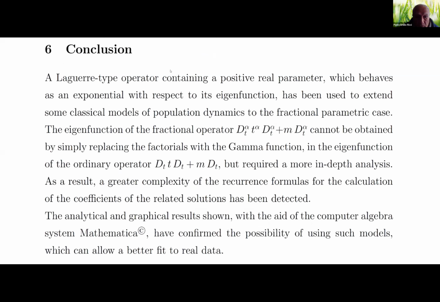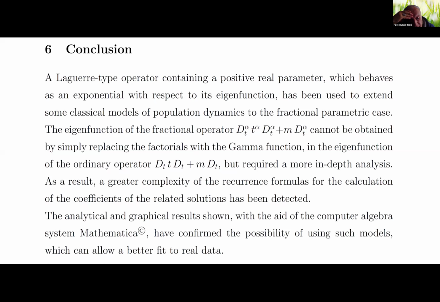Conclusion. A Laguerre-type operator containing a positive real parameter, which behaves as an exponential with respect to its eigenfunction, has been used to extend some classical models of population dynamics to the fractional parametric case. The eigenfunction of the fractional operator cannot be obtained by simply replacing the factorial with the gamma function in the eigenfunction of the ordinary operator, but required a deeper analysis.